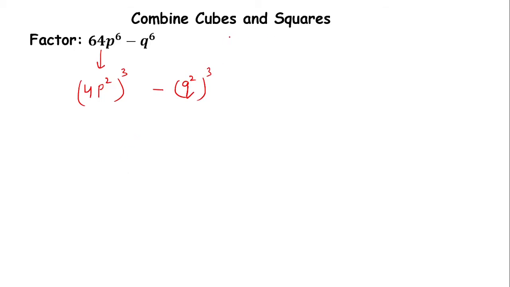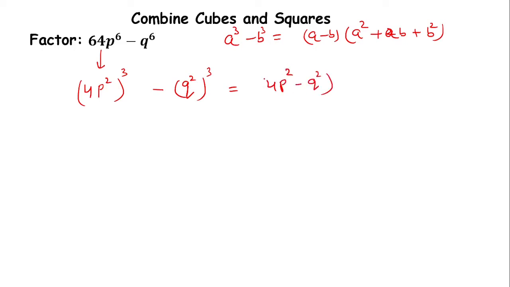So the same identity, my dear. Which identity? a cube minus b cube is equal to a minus b, a square plus a times b plus b square. So using this identity, this will be equal to 4p square minus q square, then 4p square whole square plus 4p square times q square plus q square whole square.